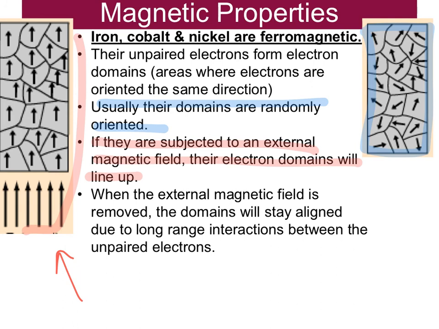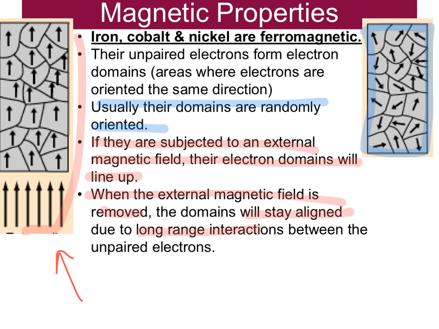In a substance that is ferromagnetic, like iron, cobalt, or nickel, if we take those metals and we apply a magnetic field to those atoms, all of the atoms then will start having the same exact rotation for clockwise and counterclockwise. So you can see this net field kind of lining up in this picture.